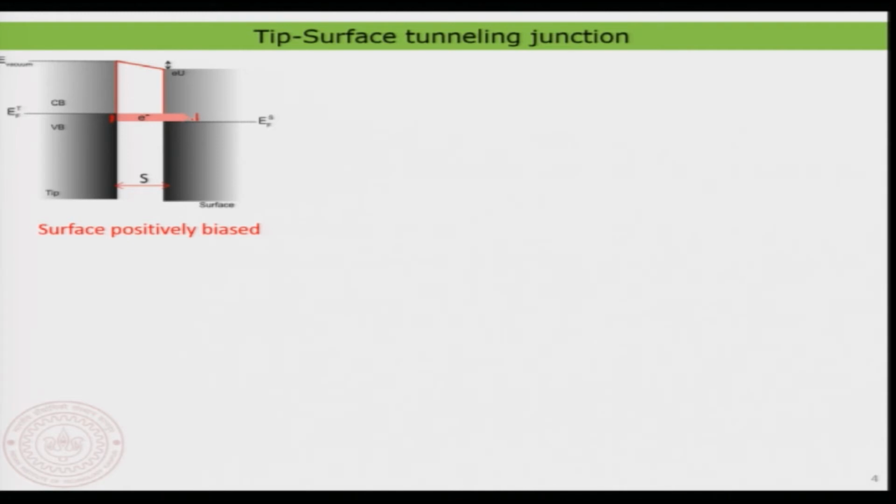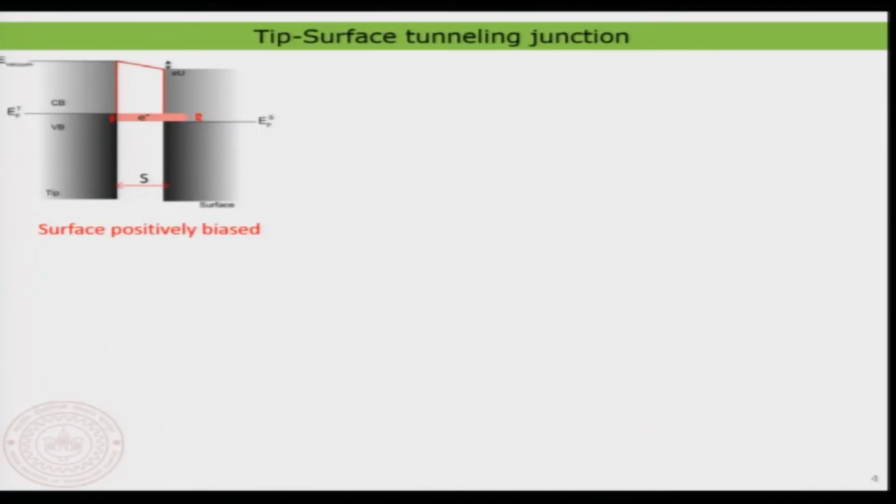So, there will be a tunneling of electrons from the tip to the sample, and this much density of states will be used, because when an electron tunnels from the tip to the surface, there has to be an empty state into which the electron can tunnel. Therefore, as soon as you apply a bias voltage, there will be a flow of electrons from the left to the right.